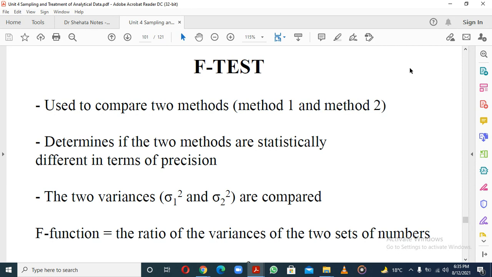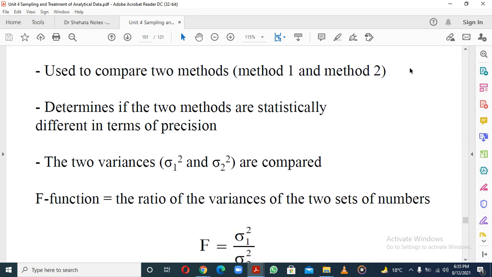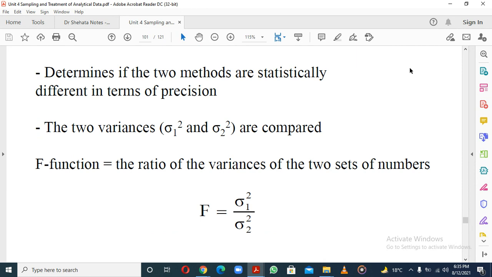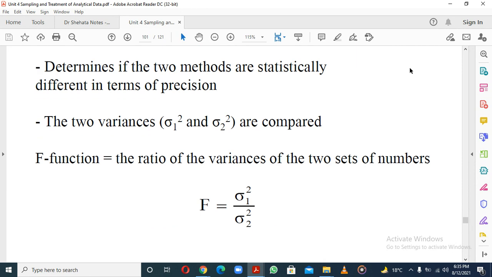Now, what you use for this, you use variances. So we know variance is simply what? Square of what? Of standard deviation. So what you do there, you see the f function is the ratio of the variances of the two sets of numbers.